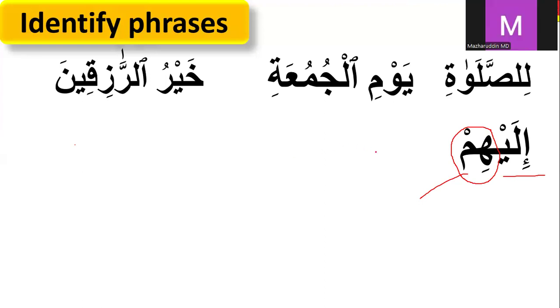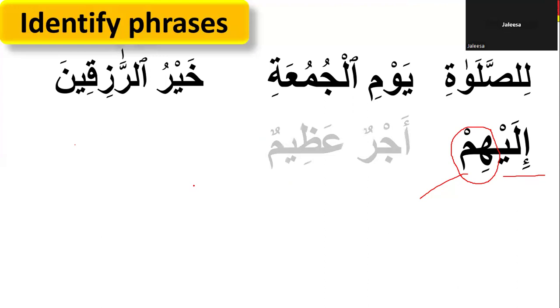Then next, ilat-tullabi, to the students. So the same ilayhim, to them. So this is a preposition, that is harf jar, and this one is ism majrur. The combination, we can say, is a combination of Murakkab Jari.